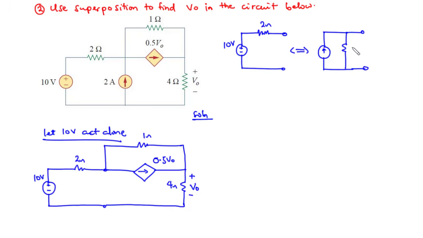So a voltage source in series with a resistor can be transformed into a current source in parallel with that same resistor, and vice versa.